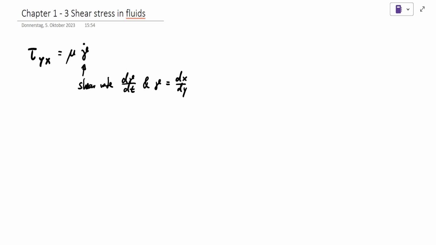Okay, so that means that with the shear stress, we can simply get mu times d/dt of dx/dy. And then, of course, we can change the order of the differential operators, so d/dy of dx/dt, and we know that the differentiation of x with respect to t is nothing else than the velocity in the x direction, so that is just u differentiated with respect to y.